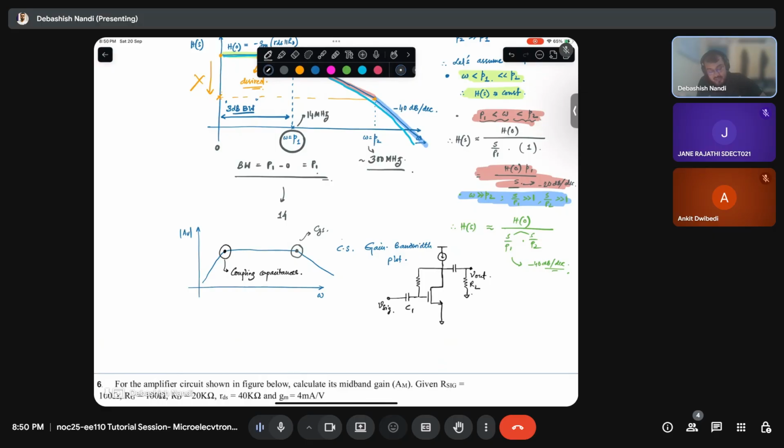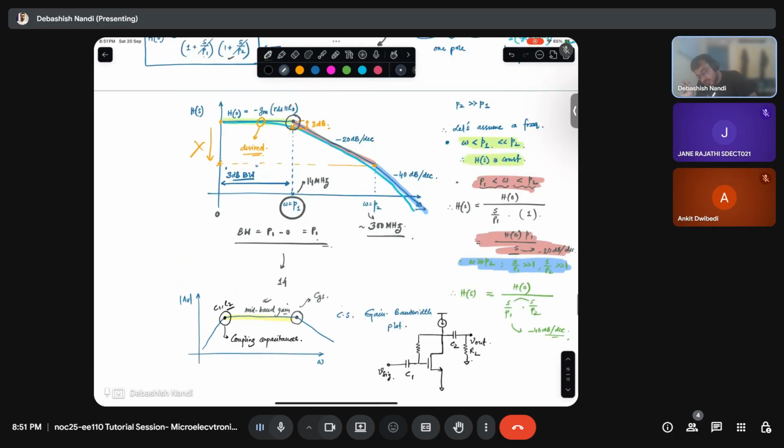So this C1 and C2 are causing this pole. In some of the questions you may encounter, they will ask you about this, called mid-band gain. But be assured that they are talking about nothing but the DC gain of the system. So this is only this part that we have analyzed.